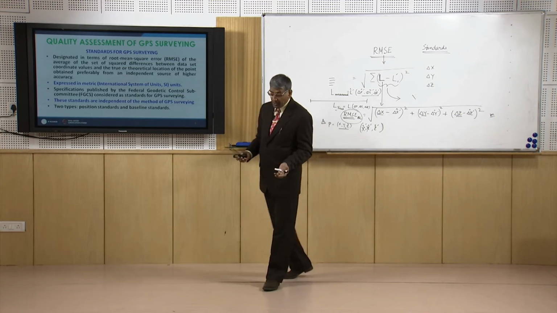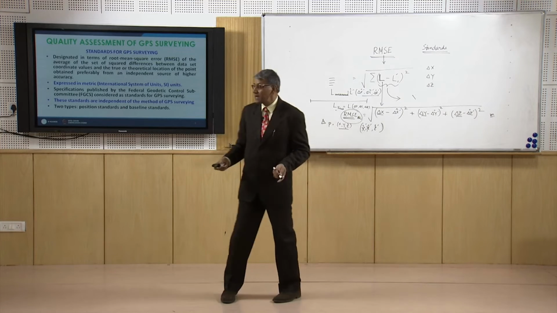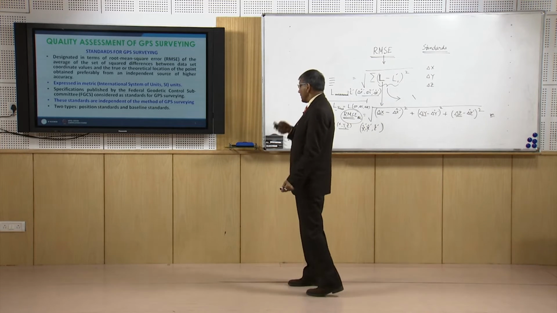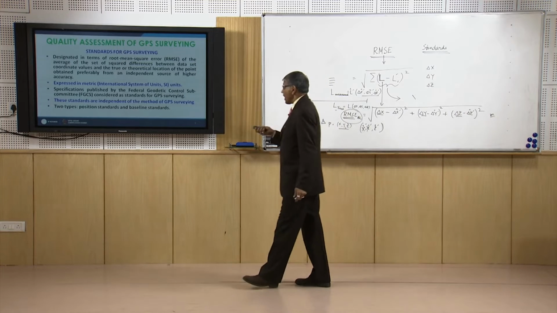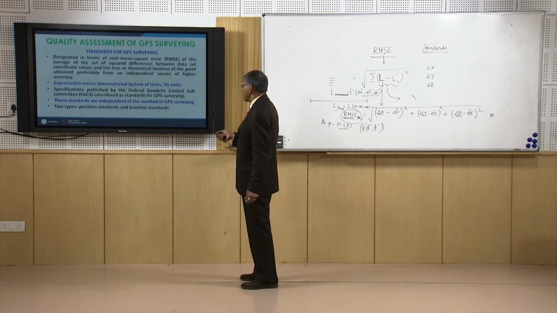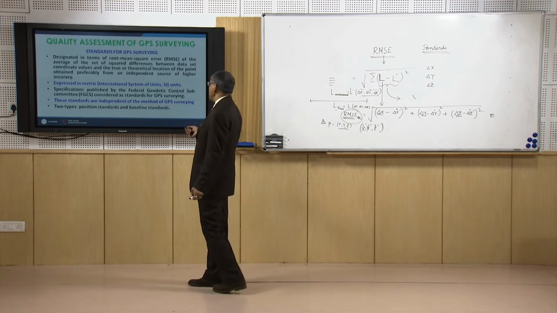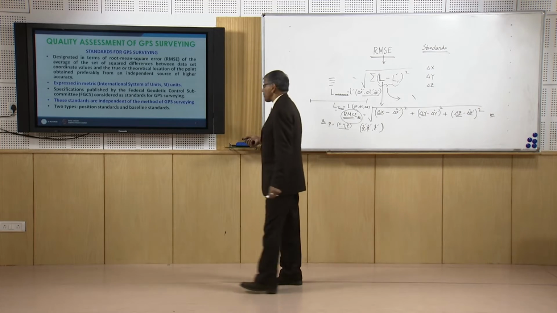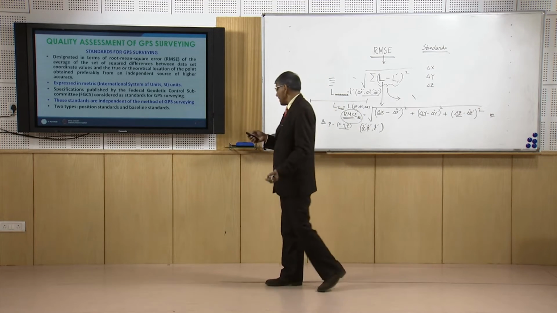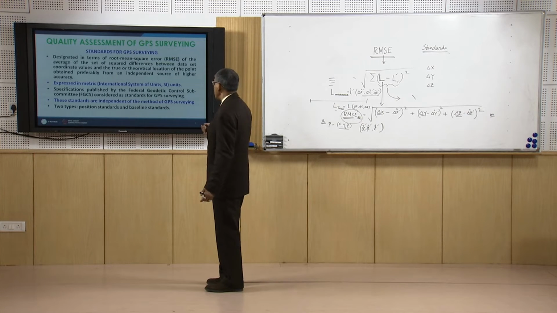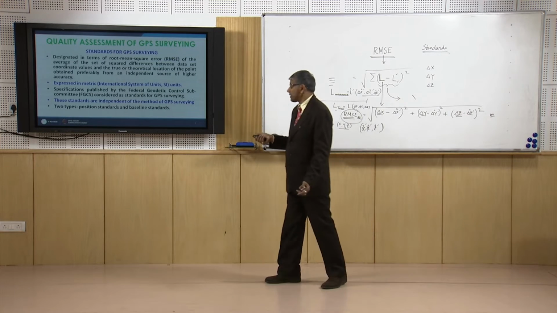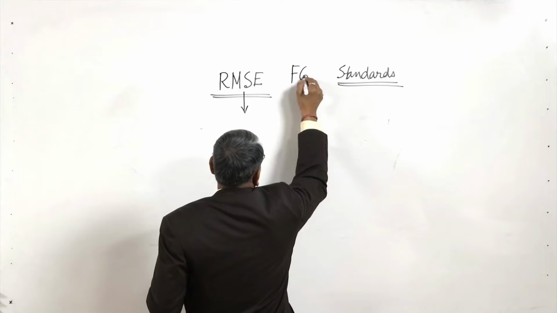Each and every organization may have their own standards. Now, in this course I have taken the specification published by the Federal Geodetic Control Subcommittee of US as the standard for GPS surveying, because that has been adopted widely.